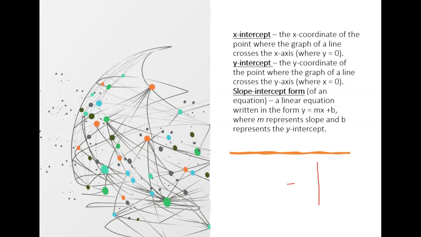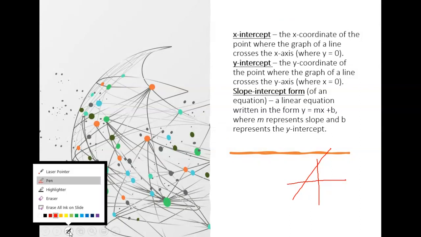So if I have a line like this, for example, I'm going to take a different color if it lets me. Strange. There we go.